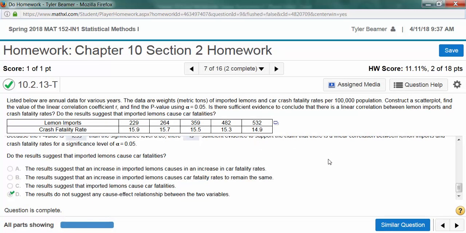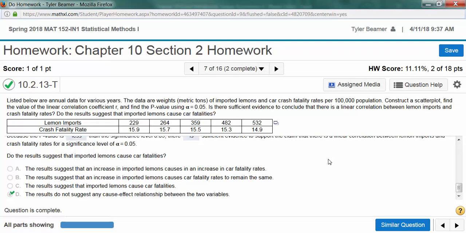And in reality, you would want to remember that correlation does not always imply causation. So even though there is a correlation here between lemon imports and car crash fatality rates, there is definitely no cause and effect relationship here.